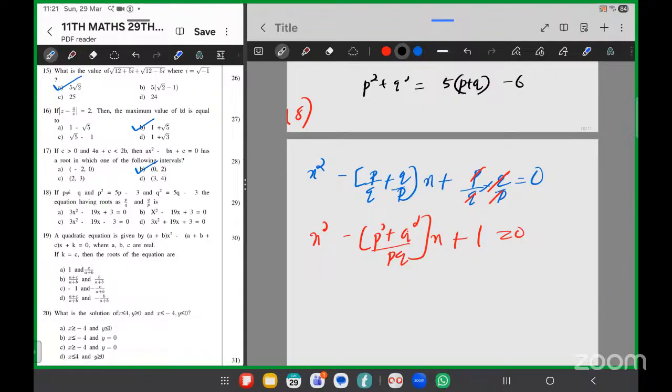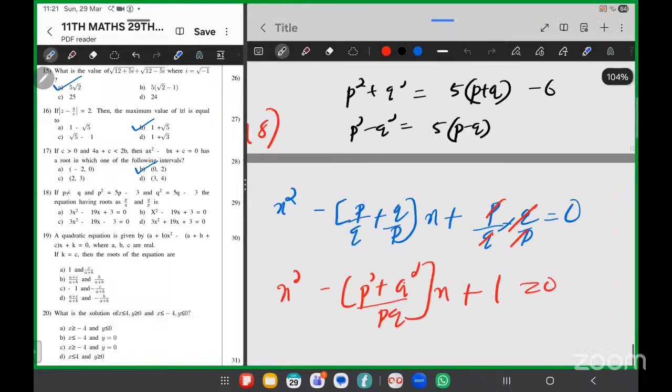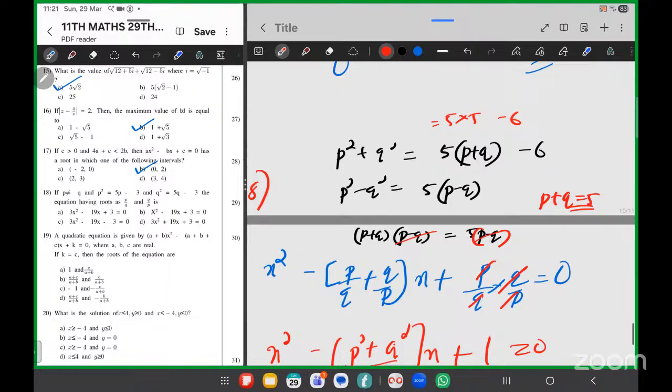P square minus Q square becomes 5 into P minus Q. And P square minus Q square can be written as P plus Q into P minus Q, so P plus Q into P minus Q equals 5 into P minus Q. But it is given that P cannot be equal to Q, so we can cancel this P minus Q and this P minus Q. So I can write P plus Q is equal to 5. With P plus Q equal to 5, I can write 5 into 5 minus 6, 5 into 5 is 25, minus 6 is 19.